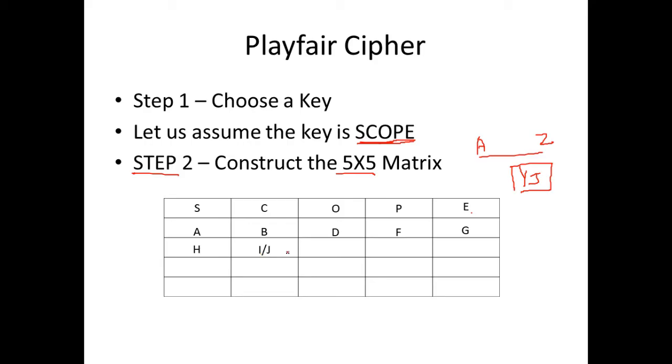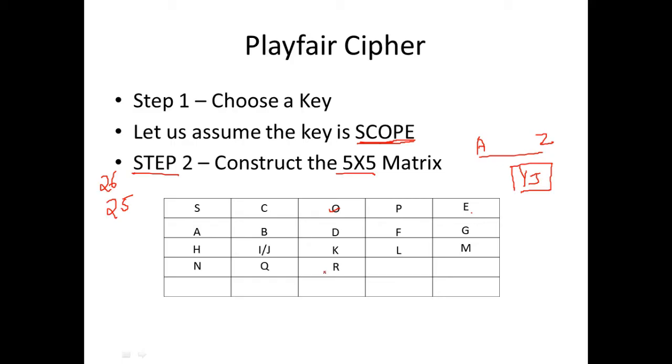Why do we put them in one box? Because totally how many boxes do we have here? 25, 5 cross 5. But in the English language you have 26 alphabets. To accommodate that one extra alphabet, we put I and J in the same box. Okay. So K, L, M, N. O and P we have already used, so we skip them.